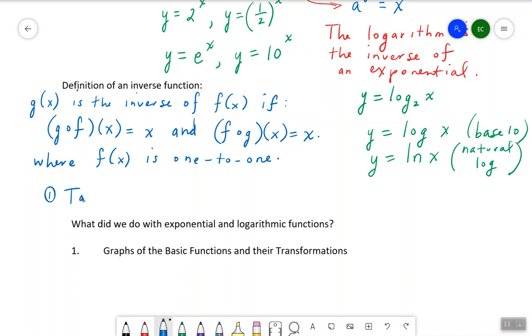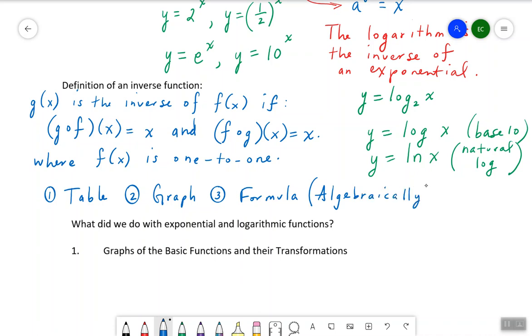We found an inverse from a table, and from a graph, and from a formula or an equation, or you might say algebraically. And so we can recognize an inverse function in each of these three ways.